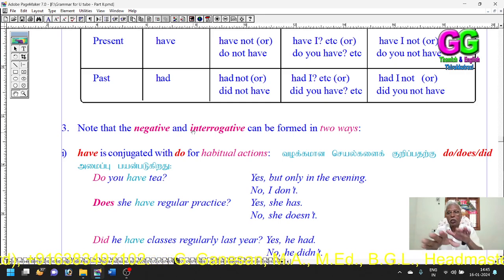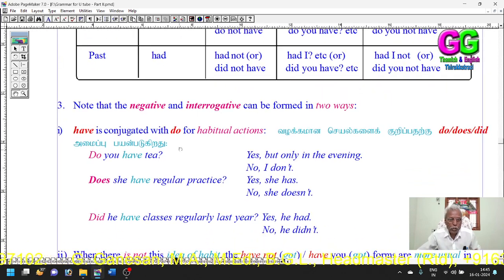First, have is conjugated with do for habitual actions, for regular actions. Do, does, did are used in negative and interrogative.